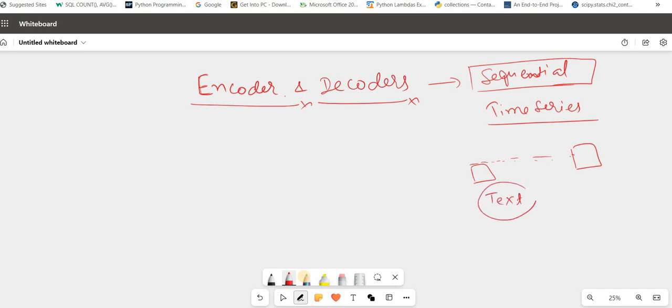And the other category is text data. We all know that there are some rules: if you are writing "what", after that "is" will come in almost 95% of scenarios. So there is a dependency between "what" and "is".